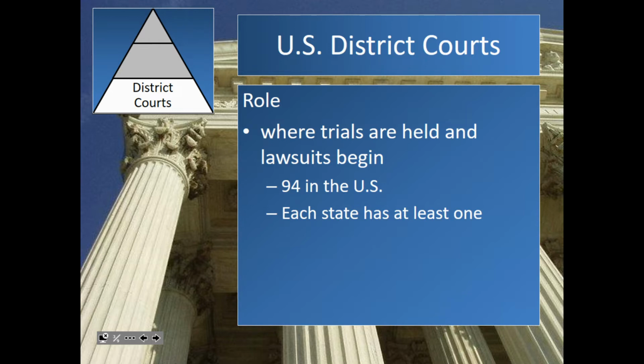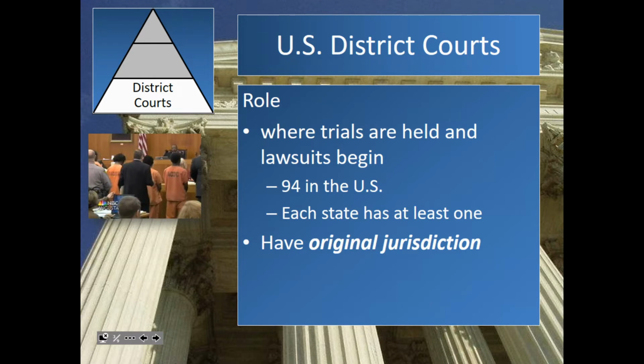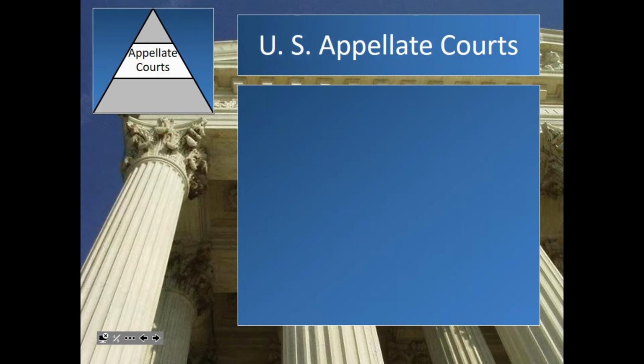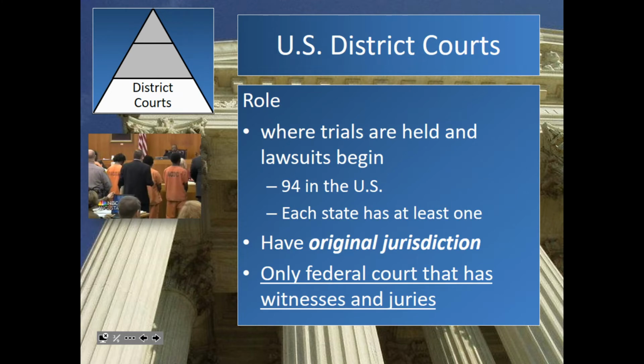These district courts have what's called original jurisdiction, because this is where it begins. When you're talking about the OG, original gangsters, right? We're talking about the first. So these are the courts that have the first jurisdiction, the original jurisdiction. And you'll notice too this is the only federal court that has witnesses and juries.